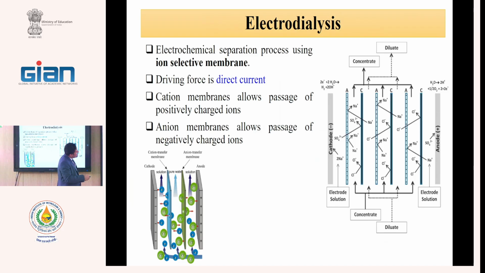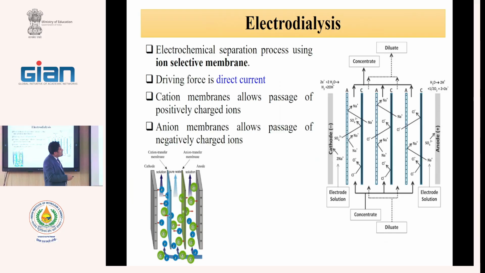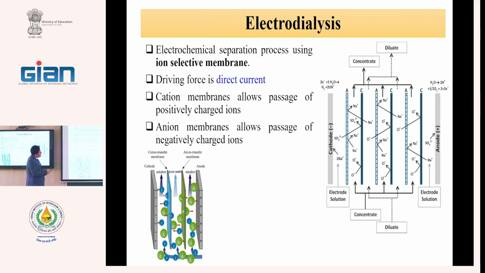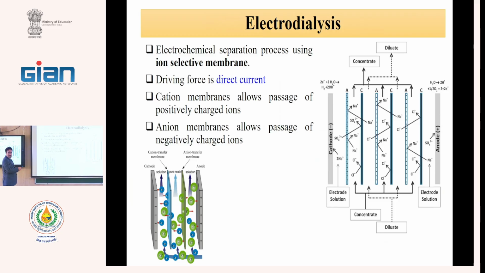But in the right or in the left of this area, we have a concentrate, because the chloride cannot pass through the cation membrane and the sodium cannot pass through the anion exchange membrane. And the driving force, you see, the sodium wants to go to the left because of the negative charge here.